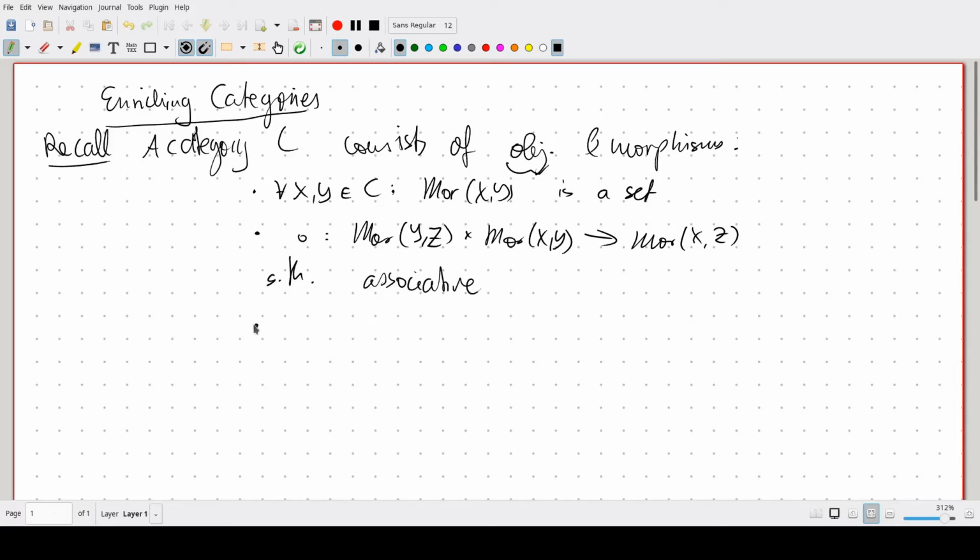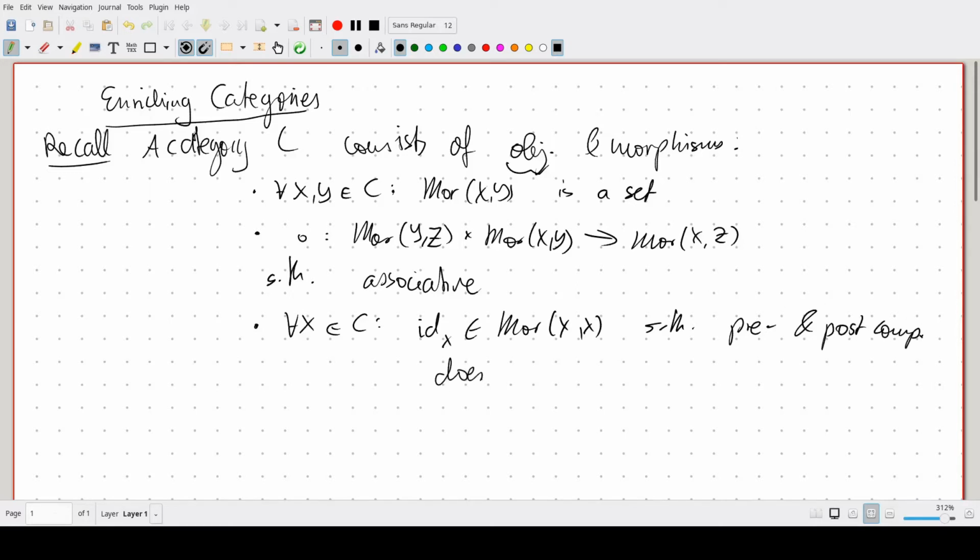And in addition, for every object x, we also have a distinguished morphism from x to x. It's called the identity on x, a morphism from x to x, such that pre and post composition with the identity doesn't change the other morphism.